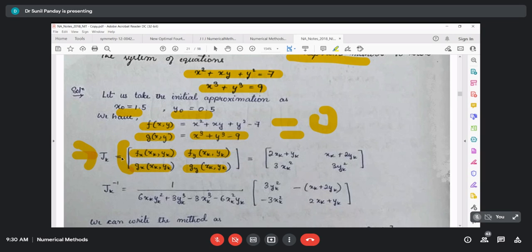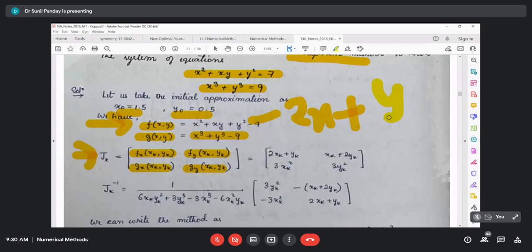First we have to calculate the partial derivatives. This is f of x y. If you differentiate this with respect to x, you will get 2x plus y. This is the partial derivative of f with respect to x, and then I put x equals x k and y equals y k.